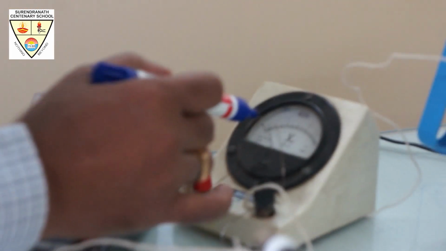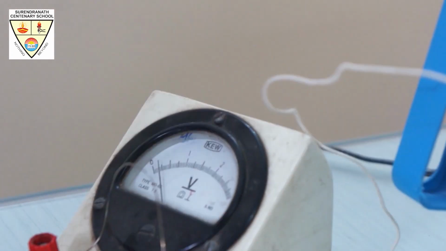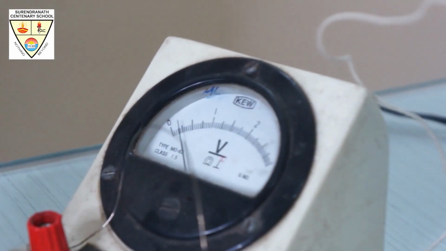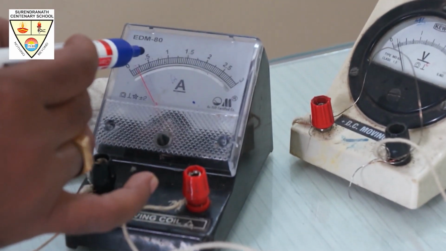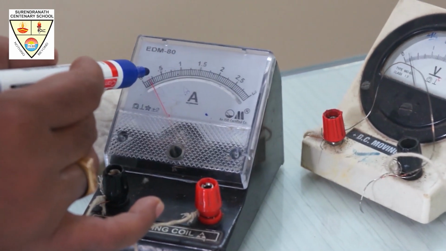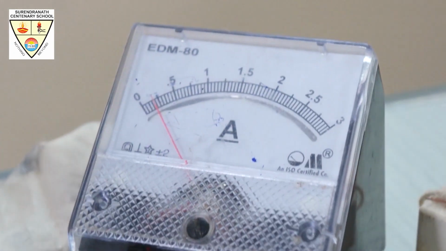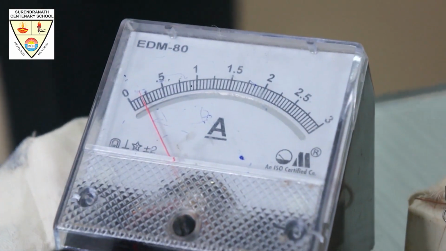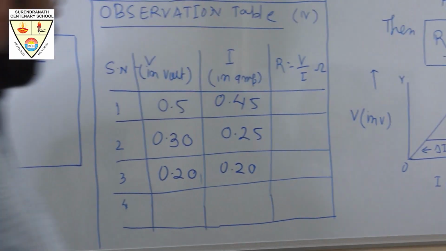Now here the voltage is 0.20 and the current is somewhere around, this is 0.5, this is 0.25, this is 0.20, and similarly you can take the other values.